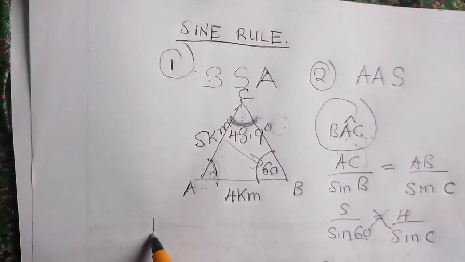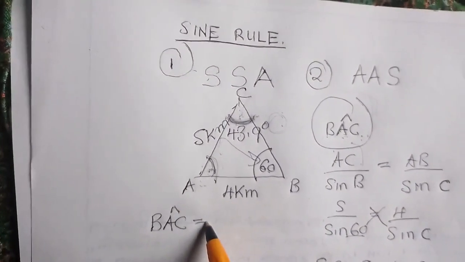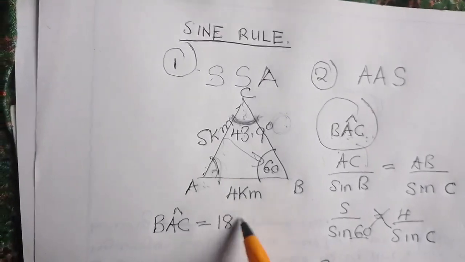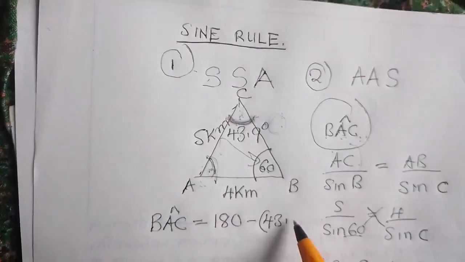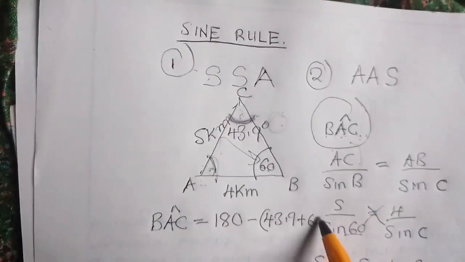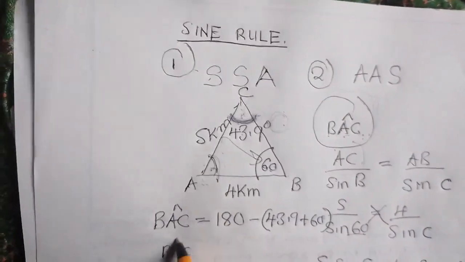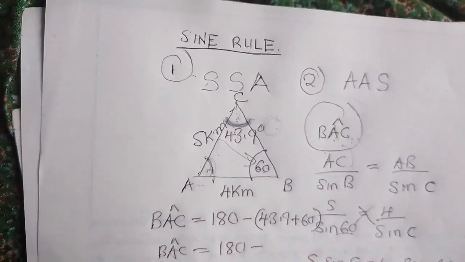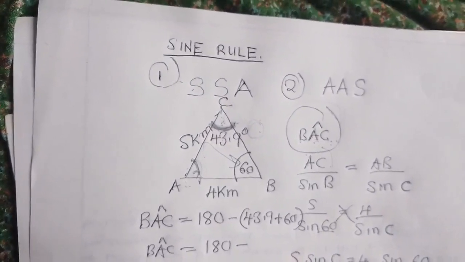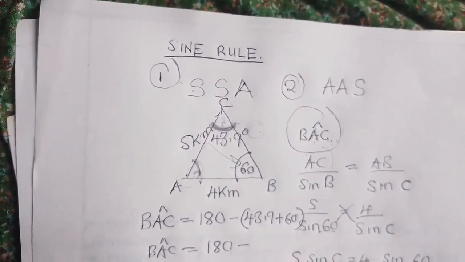So you are going to say BAC is equal to 180 minus these two angles, 43.9 plus 60, like that. So 43.9 plus 60, what is your answer?